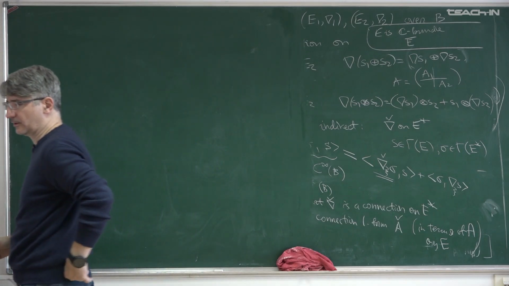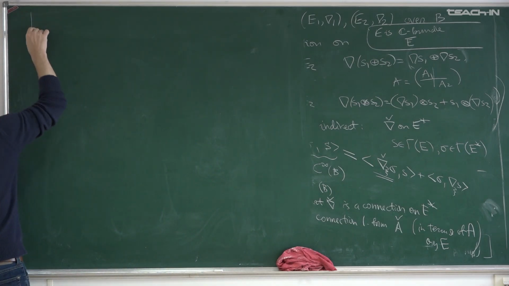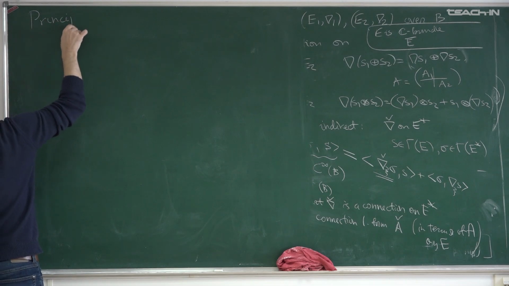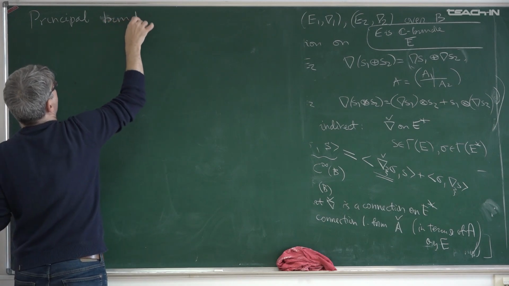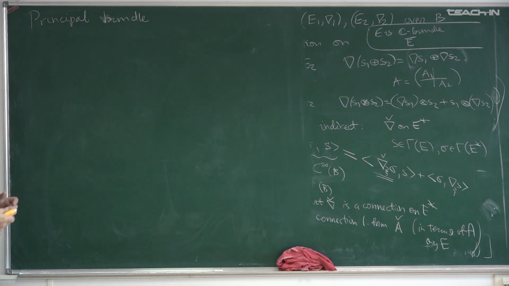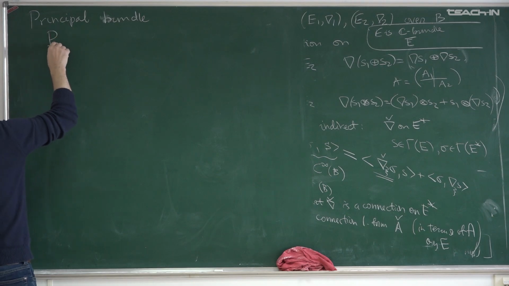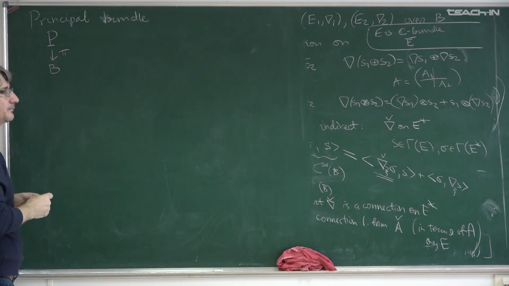And before we pass to Chern-Weil theory, let us speak about principal bundles. It looks more or less the same as a vector bundle, but more or less, because a principal bundle has a different fiber, but it has gluing cocycles, the same as for vector bundles. So what we have here, we have a total space, and we have a base manifold, and we have a projection.